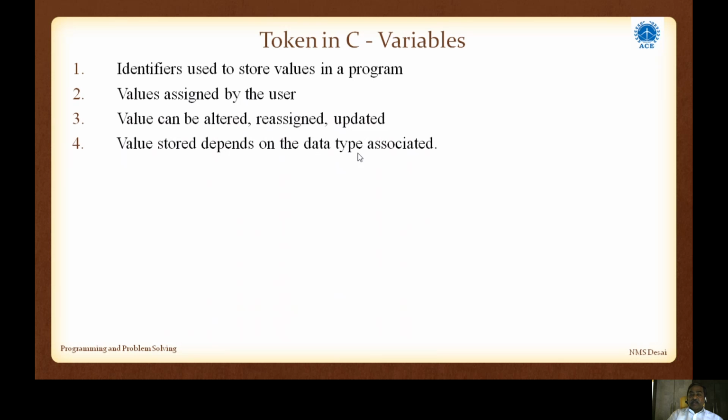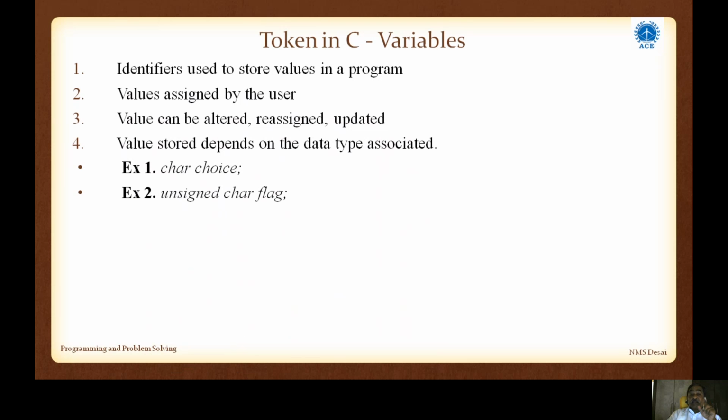The value stored depends on the data type associated. Every variable should have a data type associated with it. Without it, it is not recognized. Example, char choice. Here, choice is a variable name. Char is a data type, which means that it stores one character data item.